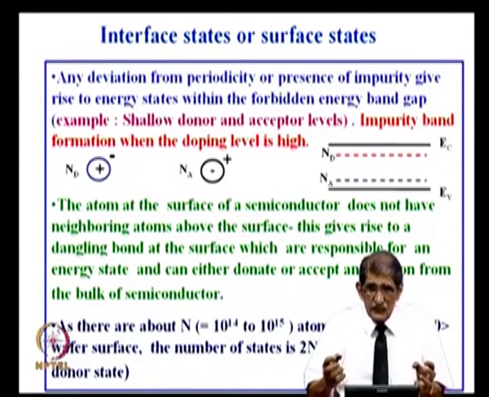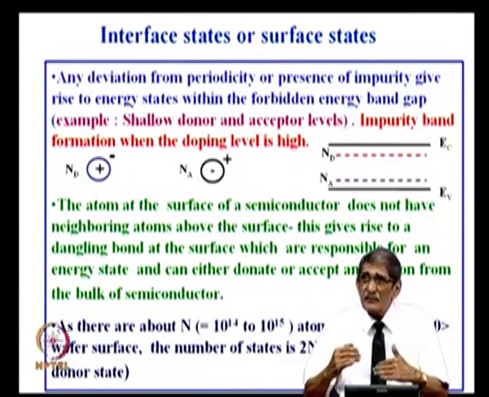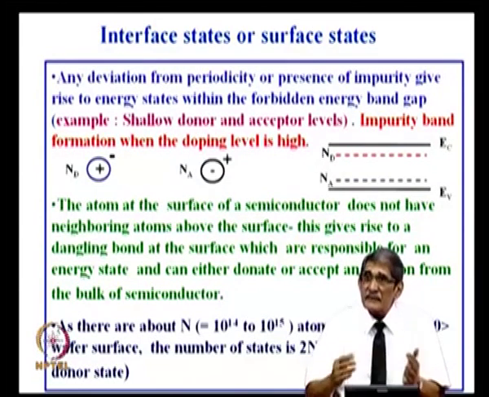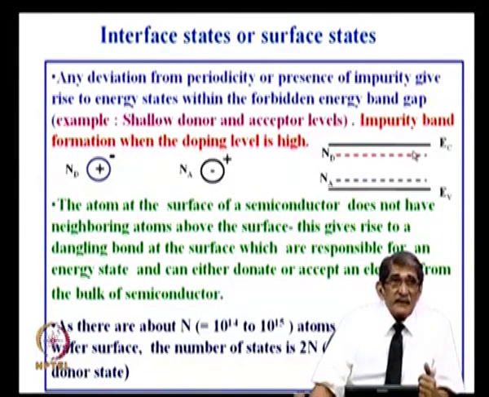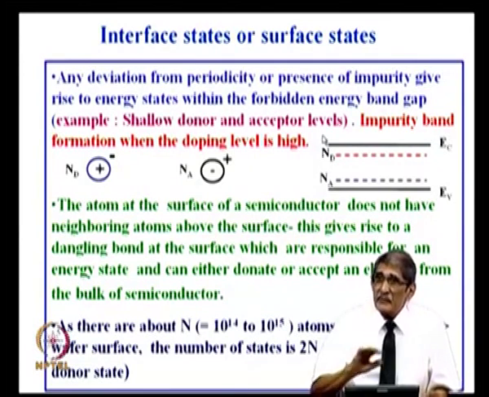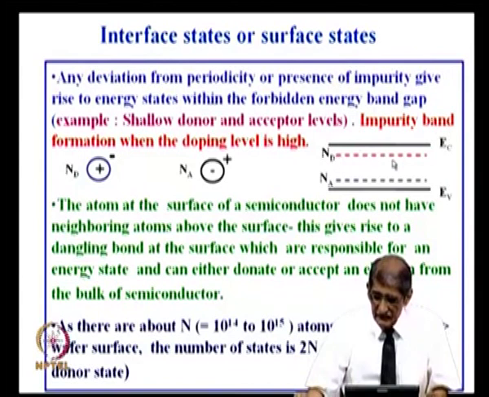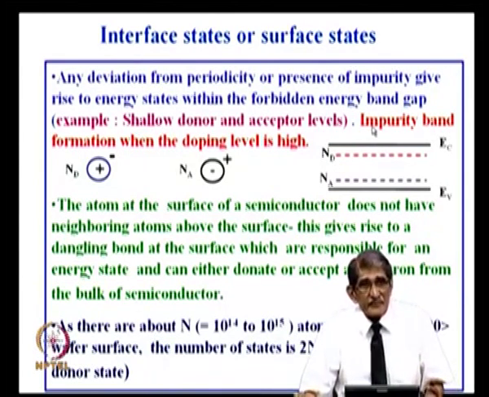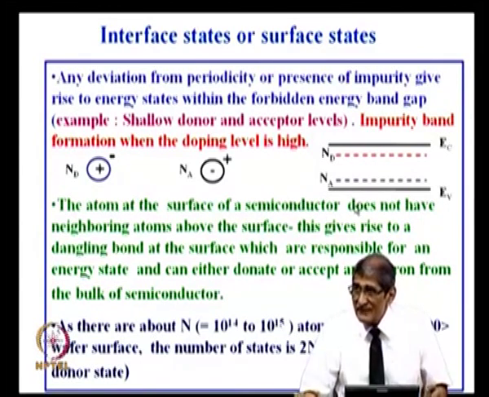That means the two electrons are trying to occupy the same energy level, but they are not able to, so they split up. So this donor level, which you put as one level, will no longer be one level, it will split up into a band of energy, and it can even merge with the conduction band. Similarly, the acceptor levels also can split up into a band.